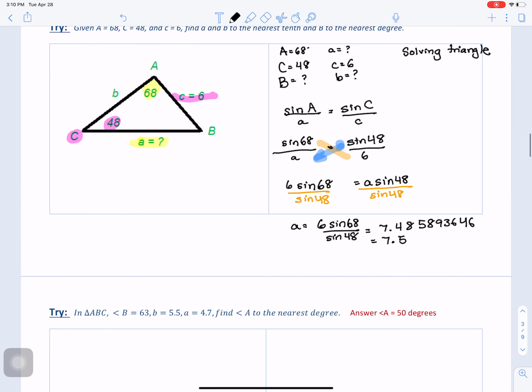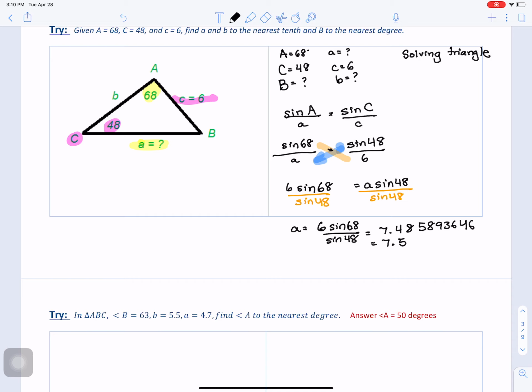We need to find lowercase b now. So to find lowercase b, I'm going to do sine 48 over 6. That's my one pair that I have full information on. And now you'll notice that we don't have the angle B and we don't have the side B. But what we can do is use our 180 rule.